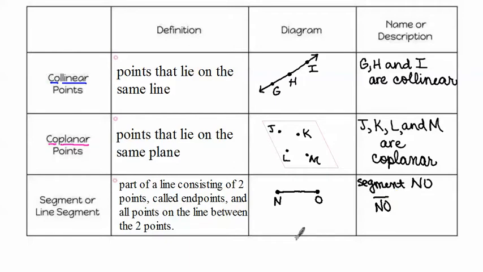It's just a bar. And anytime I see that, I'm going to read it as segment NO or segment ON. The little symbol above the letters tells me what type of figure I should be seeing in the diagram. Okay, so that takes care of our first few definitions.